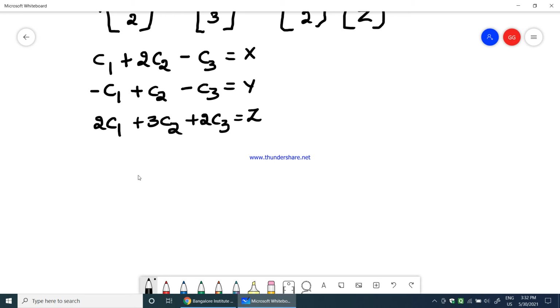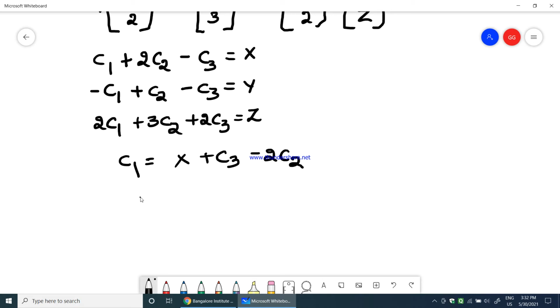Here I have C1 equal to X plus C3 minus 2 times C2. Now I will substitute this C1 in the second equation.